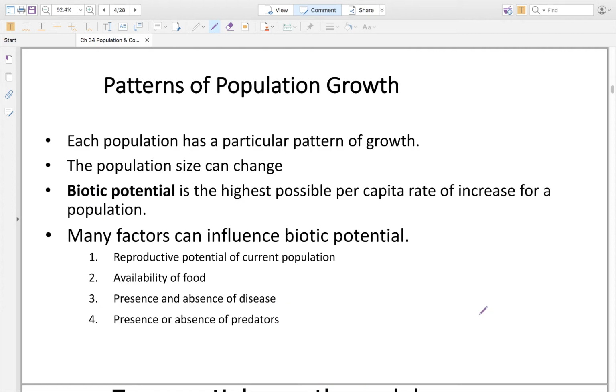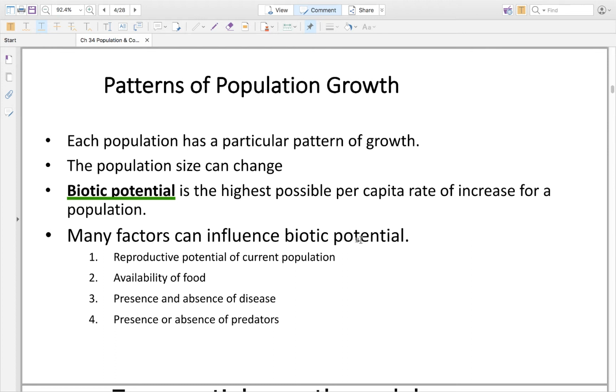So studying a population is not very easy, but it's doable, and it has been done for a long time. Every single population has a pattern of growth, and a population can change in size. Looking into it, we can examine something called biotic potential. This is the highest possible per capita rate of increase for a population, so the greatest rate of growth for that population.